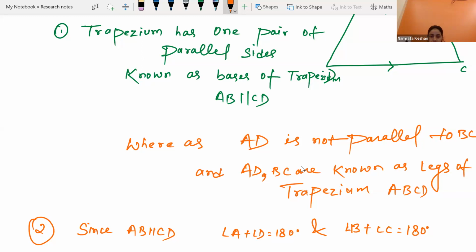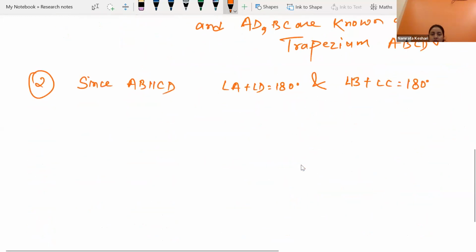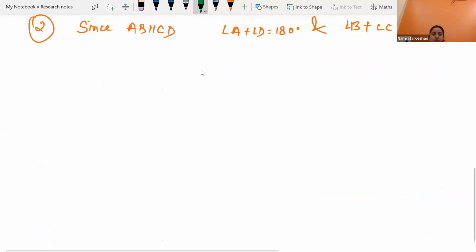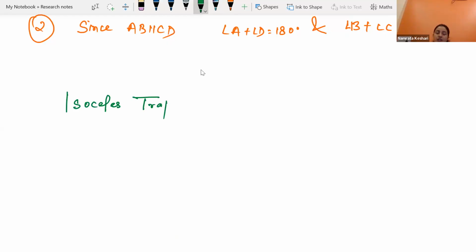I'm scrolling down. So the next one is the isosceles trapezium, the next generation of trapezium.